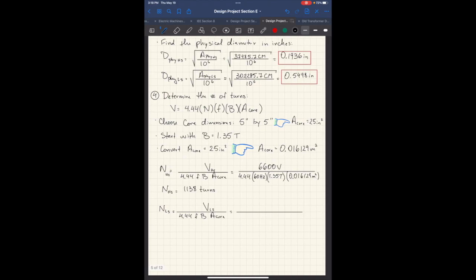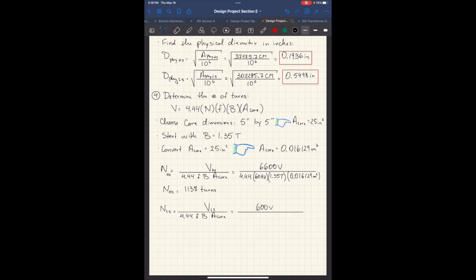V low side was supposed to be, I think, 600 volts. Again, 60 hertz. We have 1.35 Tesla, and the cross-sectional area of the core is still 0.016129 meters squared.